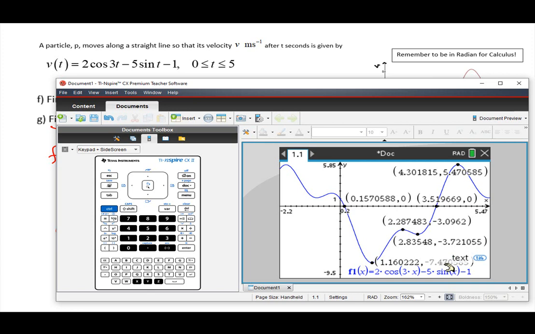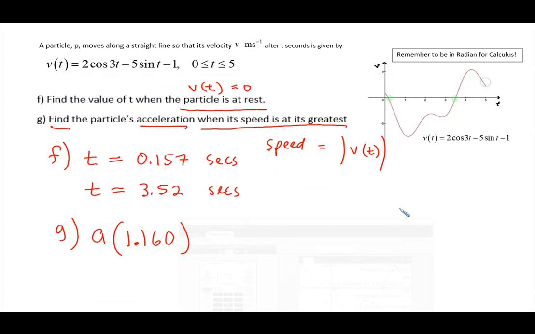Now we need the time, meaning the x value, when the speed is the greatest. That's 1.160, and we're finding the acceleration when this occurs. Acceleration is the derivative of the velocity.